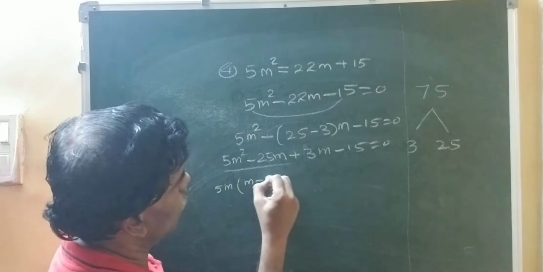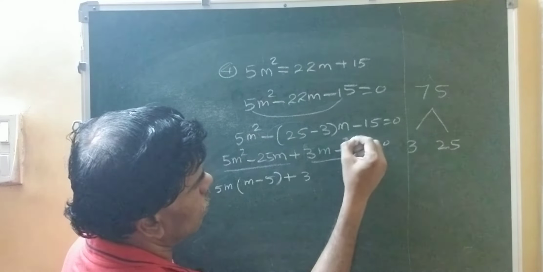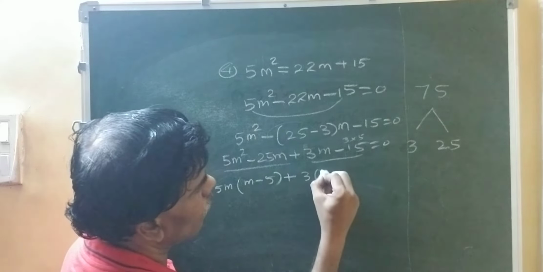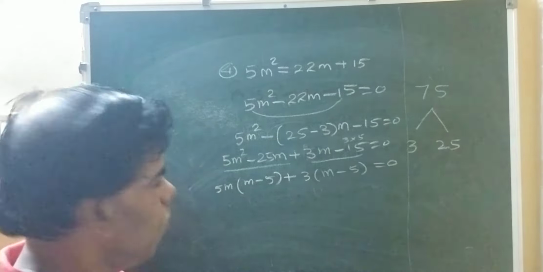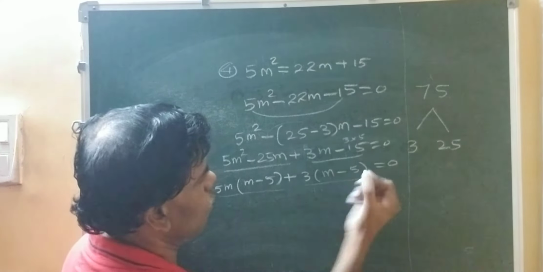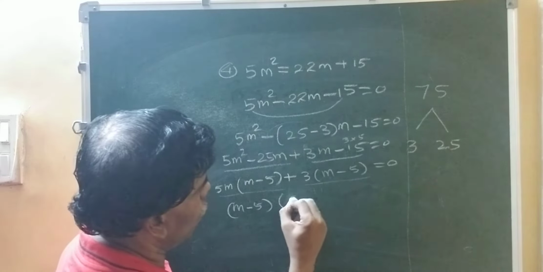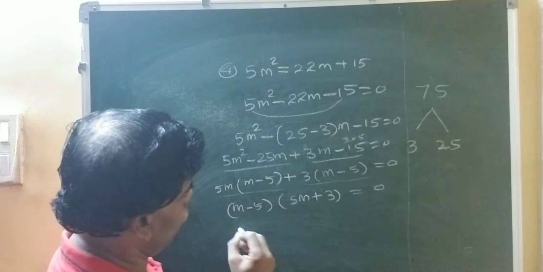So m minus 5. Here what is common? 3 into 5. So m minus 5, which is equal to 0. So what is common here? m minus 5 into 5m plus 3 which is equal to 0.